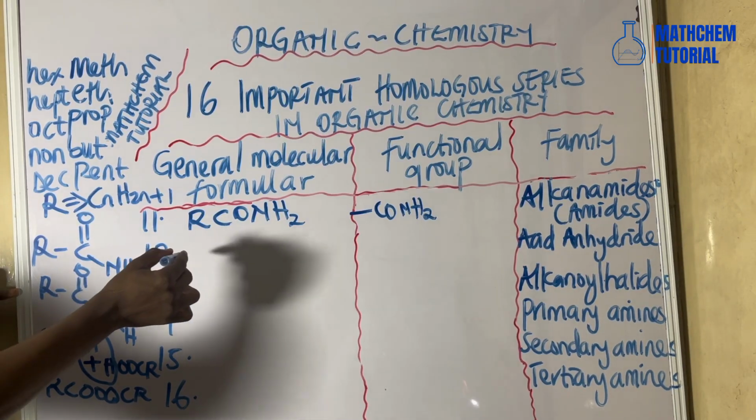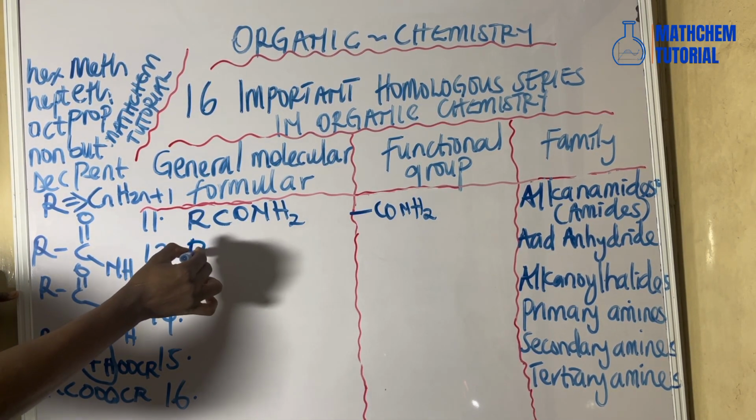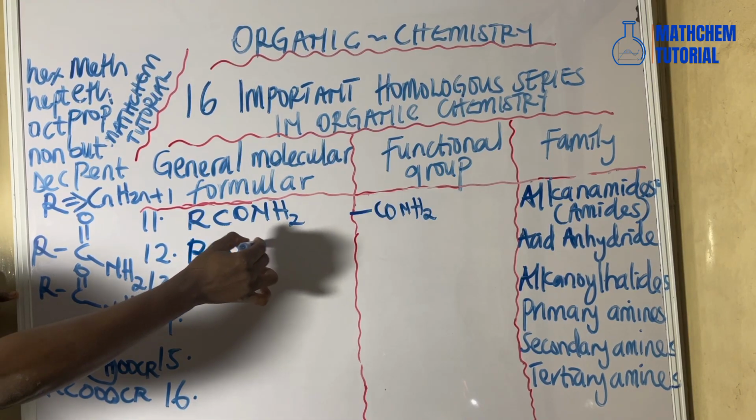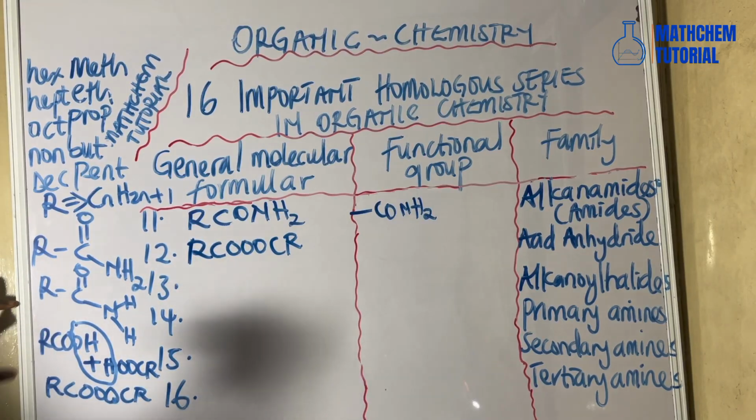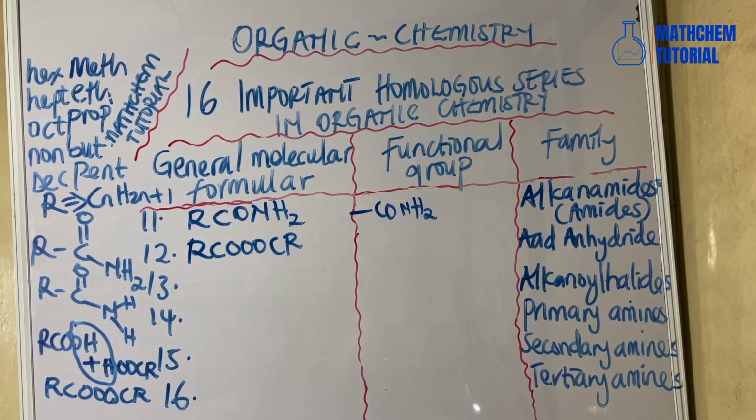So the general molecular formula for acid anhydride is going to be RCOOCR, which can also be RCO3CR. Now, let me just give you a sketch of how the structure may possibly look.